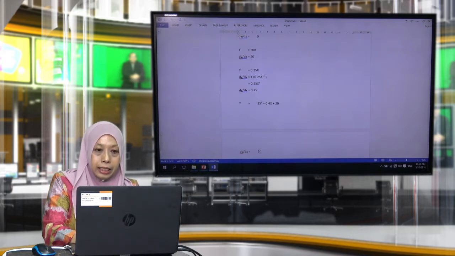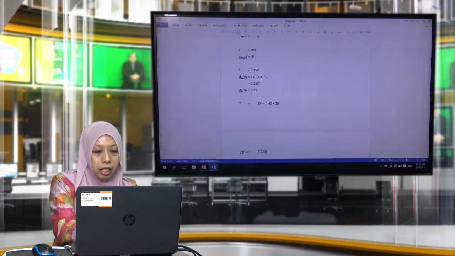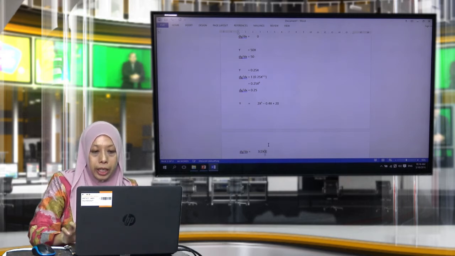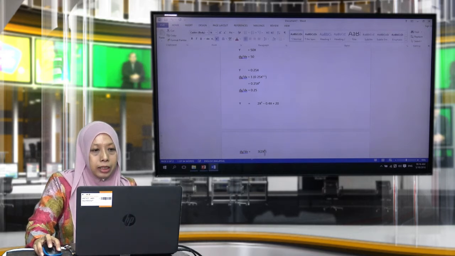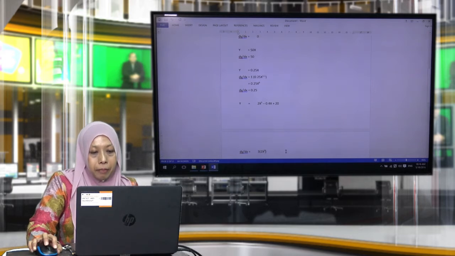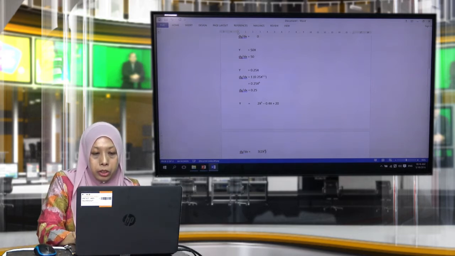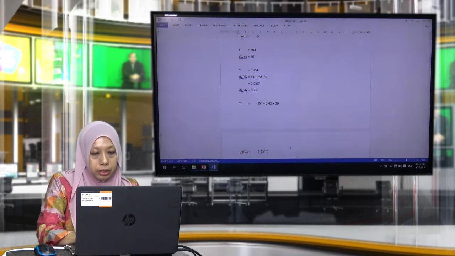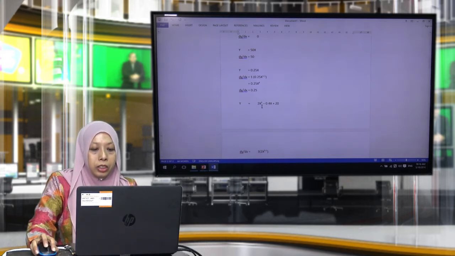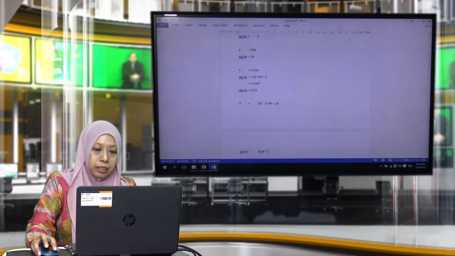The second step, we need to write down the original function, 2x to the power of 3. And what's the third step just now? Correct. The third step, you need to reduce the exponent by 1 unit. So that's how you differentiate the first subfunction.